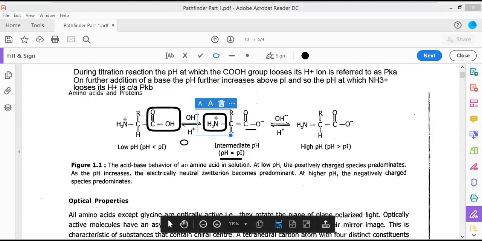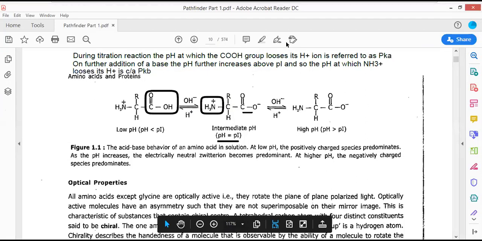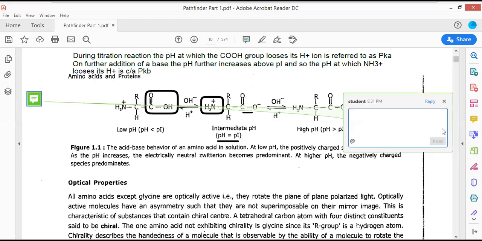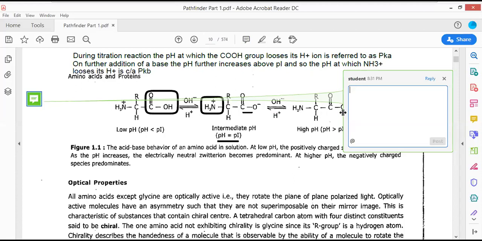Now, the simple questions that are asked in the CSIR entrance examination are something like this, which you can find in the MCQ booklet also, where you will find how the reaction proceeds.